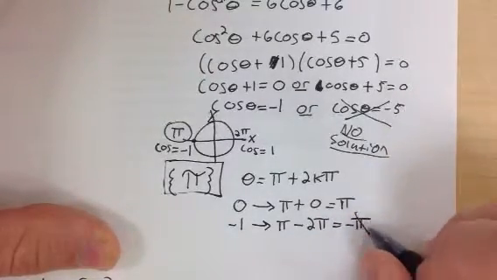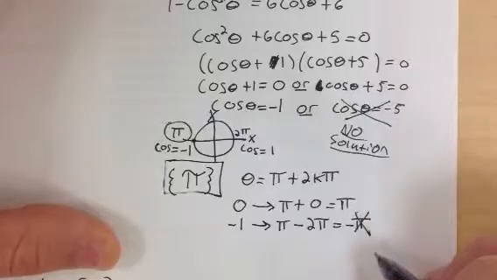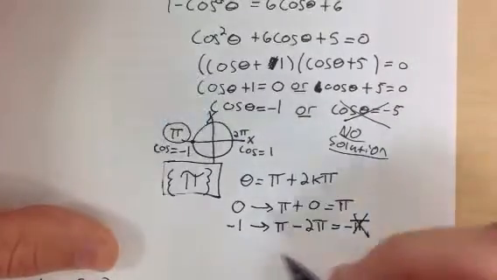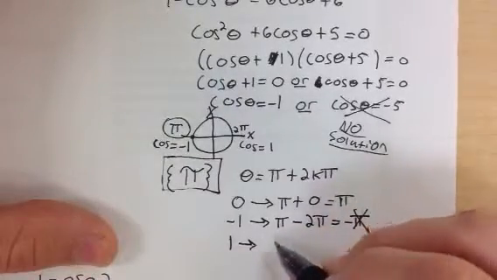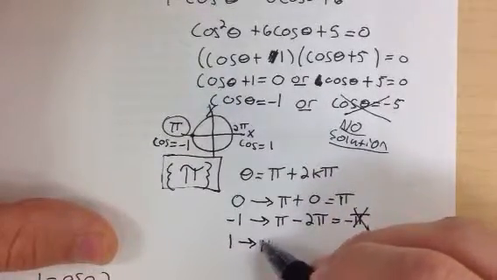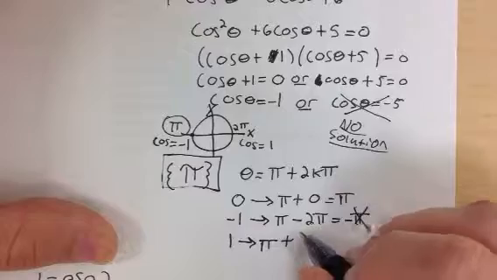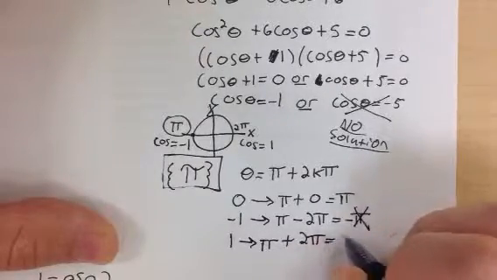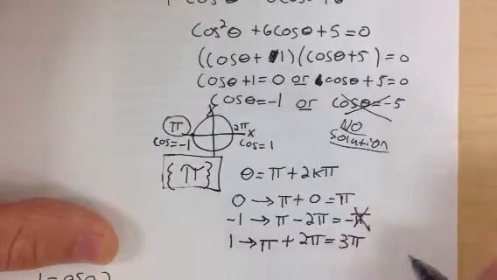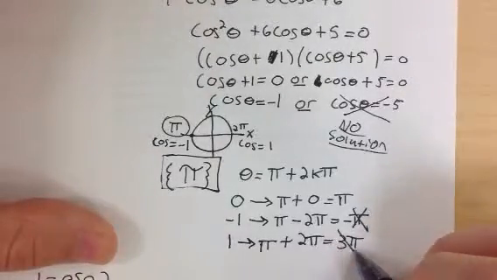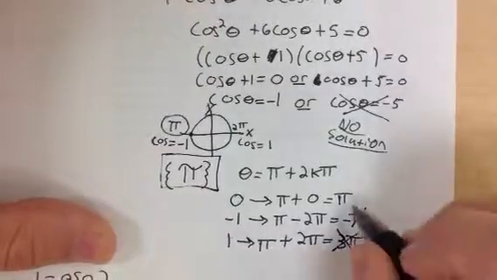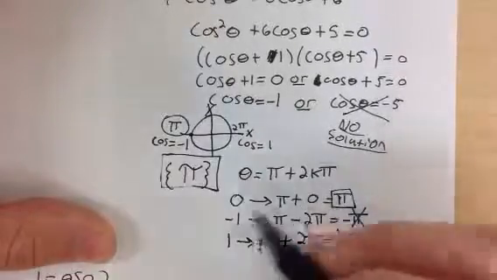And that cannot happen because that is far less than 0 in the range. And if you go for 1 as a value of k, you have pi plus 2 pi, and that yields 3 pi, which is over 2 pi, and that is not in the range. So the only value that you have is pi, and that is your answer.